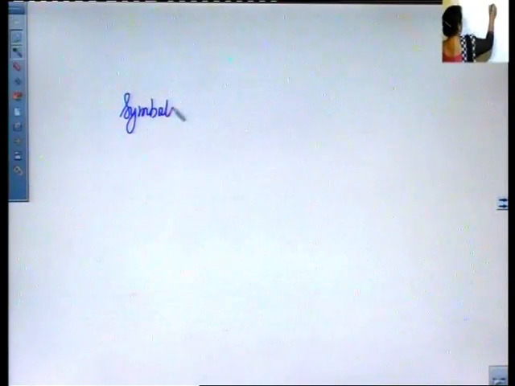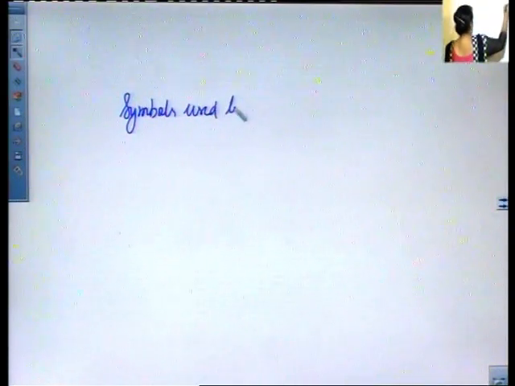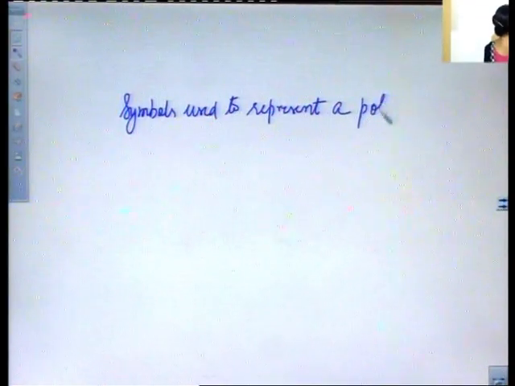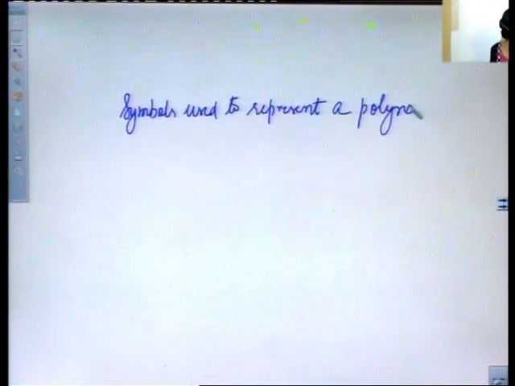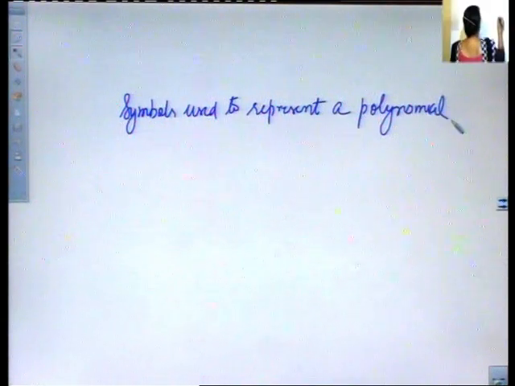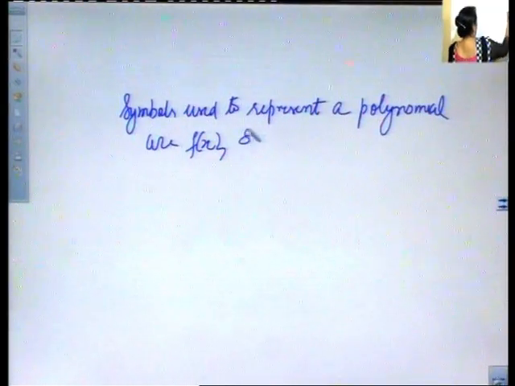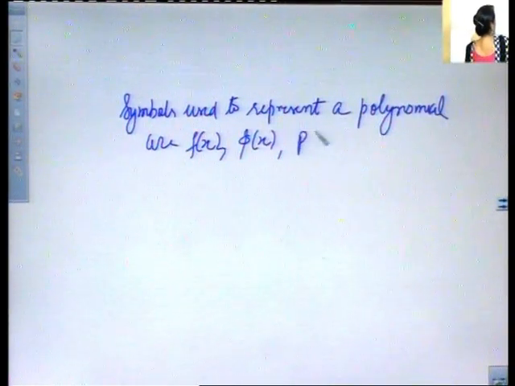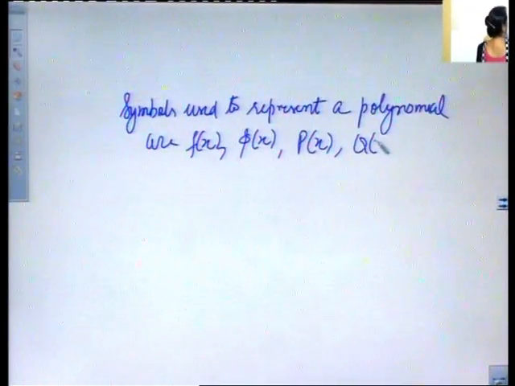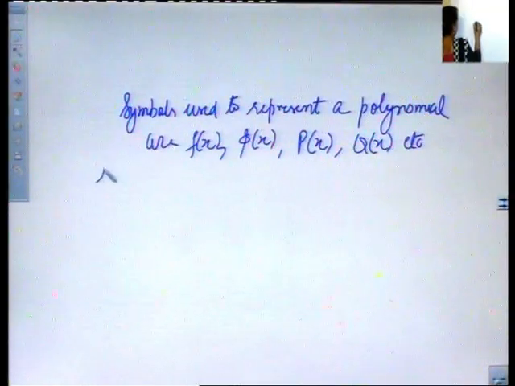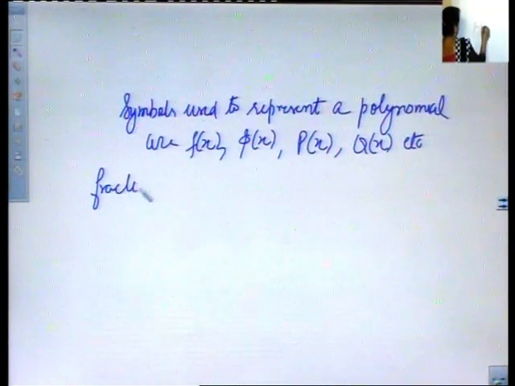Symbols used to represent a polynomial are f(x), phi(x), p(x), q(x), etc. Now, the next term is fraction.